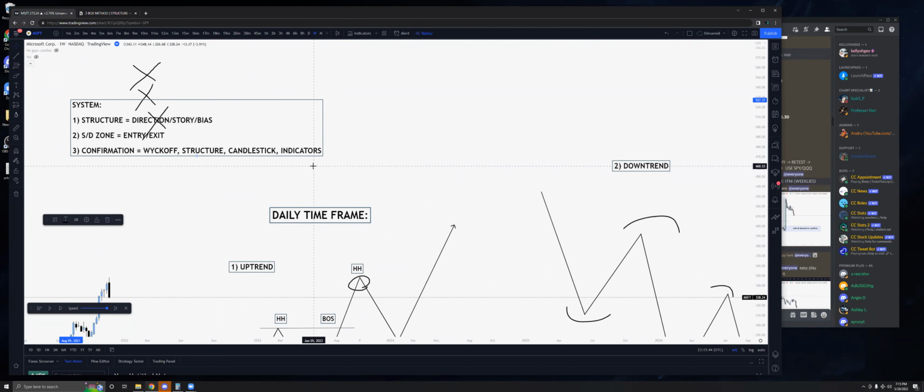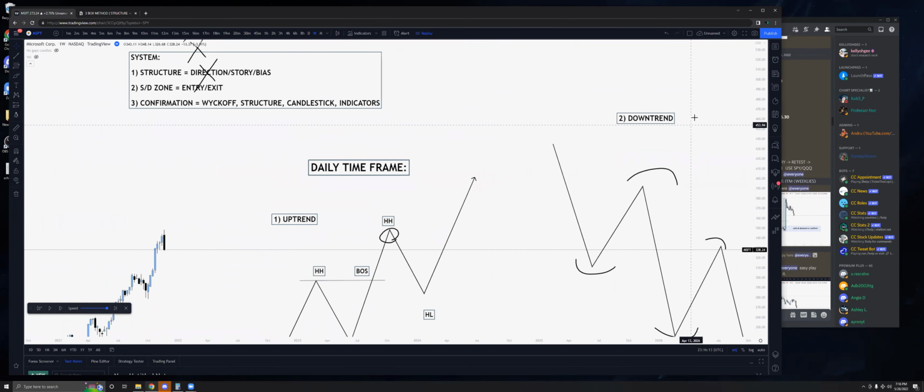After this session, if you start charting on your own, I wouldn't recommend you look at the lower timeframes, because it's going to be very confusing. You have to look at the daily, the weekly, and the monthly. Those are the timeframes I would use to read the bigger picture.